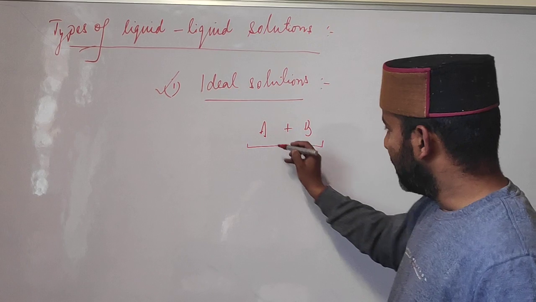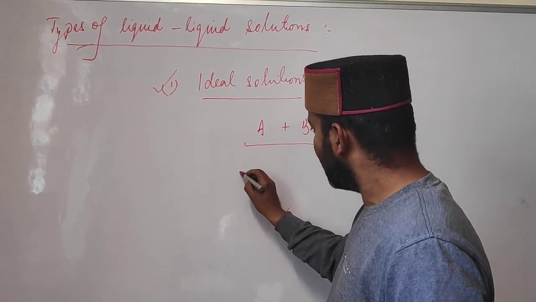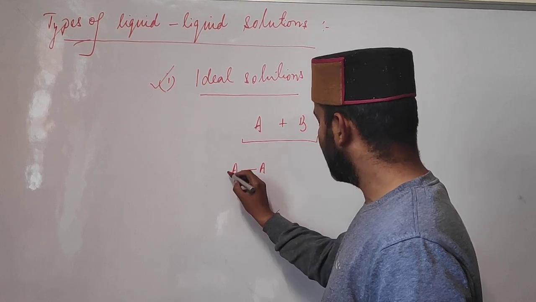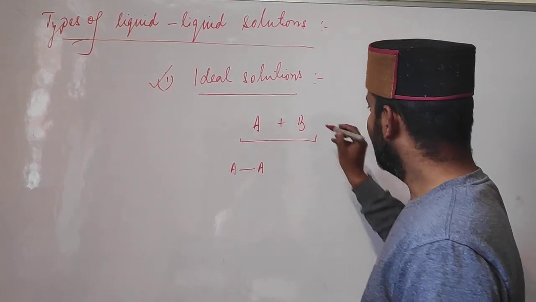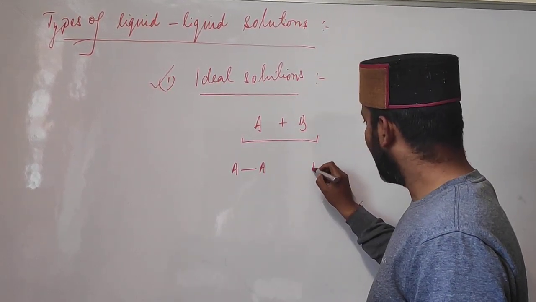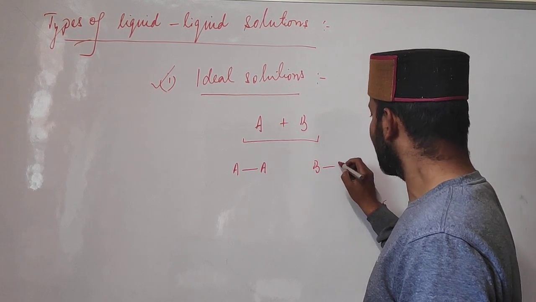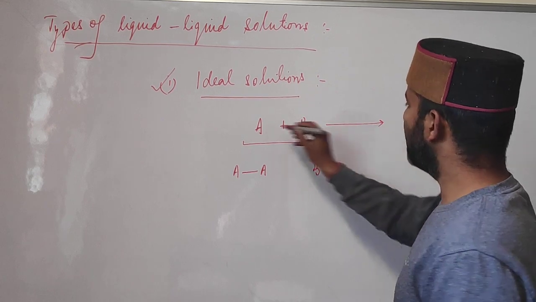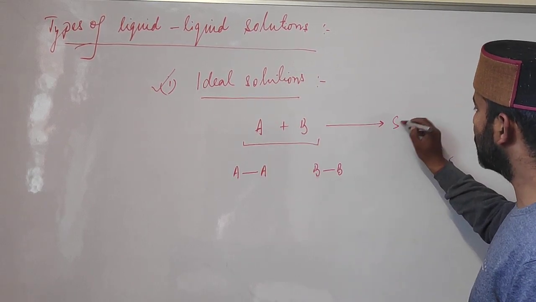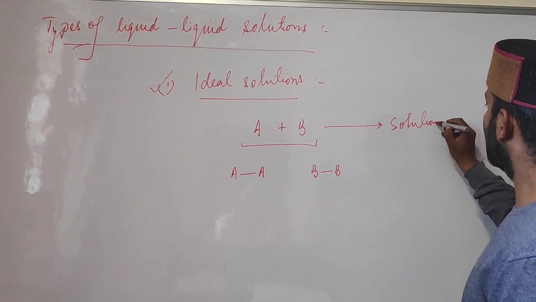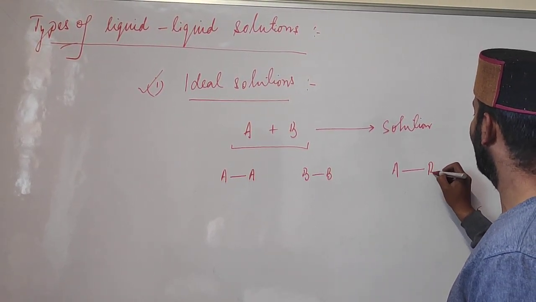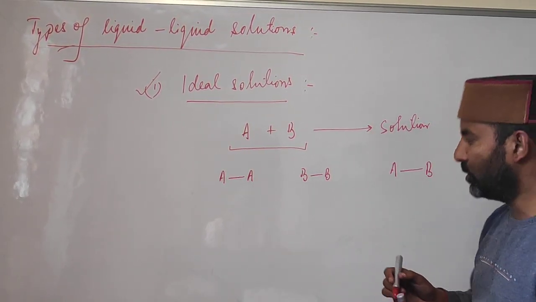Now students, in pure A, the intermolecular forces are between A and A molecules, and in pure B, the intermolecular forces are between B and B molecules. But students, when we mix these two to form a solution, the new interaction will be between molecules of A and B. Now students, pay attention.